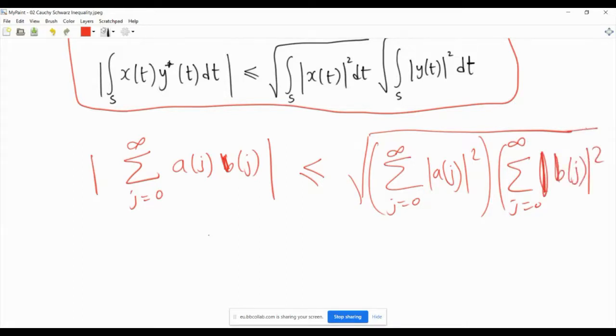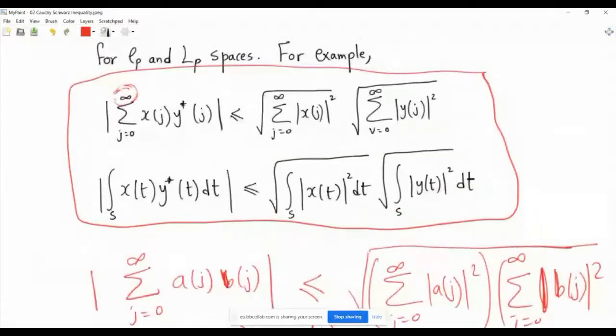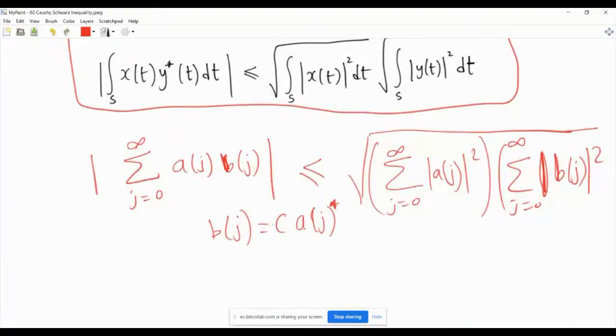Okay, and you have equality if and only if bj is some c, which does not depend on j, multiplied by aj conjugate in our case here, right? So you can write it like this. It's like I replaced x by a and y conjugate by b. So here we get equality if yj is some complex constant multiplied by xj, so we will get equality if bj is equal to c multiplied by aj conjugate.